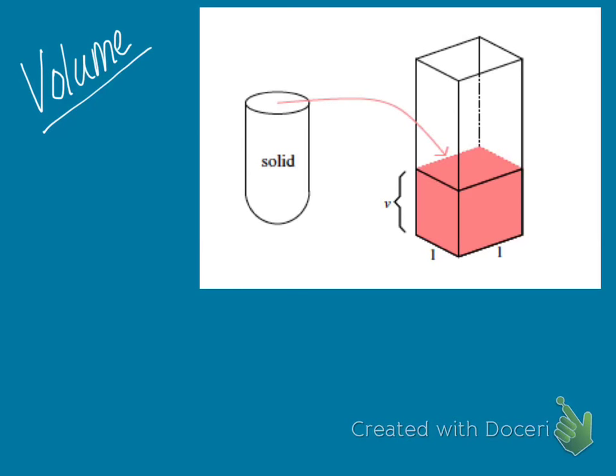So let's look at this visual here. If I have some liquid that's filling this figure here, and I pour it into this rectangular prism, this is a special rectangular prism because the dimensions of the bottom are 1 by 1.